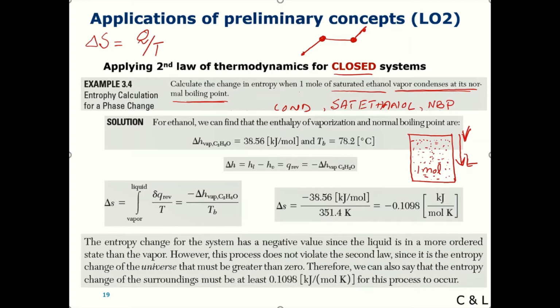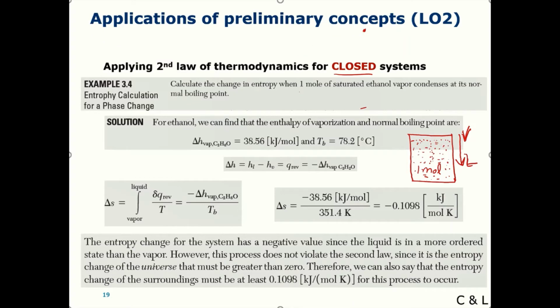Similarly, saturated ethanol vapor will become liquid at the normal boiling point. So this is the process, and we need to calculate how much entropy will be generated when this vapor becomes liquid.